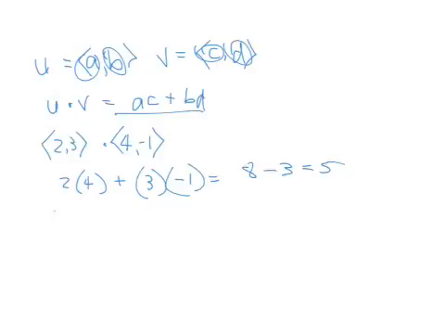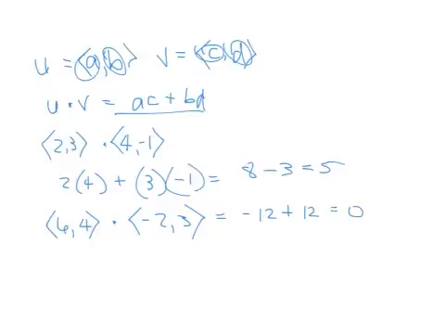If I had 6, 4 dot negative 2, 3, it would be the same thing. 6 times negative 2, so I've got negative 12 plus positive 12 equals 0.